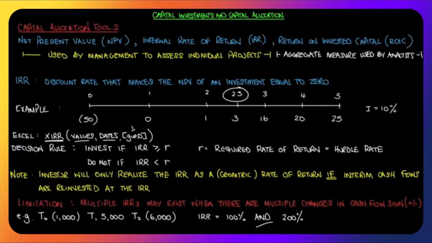This is a new example, so don't try and tie it back to the old one where we had a cash flow at T1.5. This one has an initial outflow of 50, nothing at time 1, 1 at time 2, then an inflow of 3 at 2.5, then 16, 20, and 25. Now they gave us a discount rate of 10%. Again, we don't need that because all we're doing is calculating the IRR.